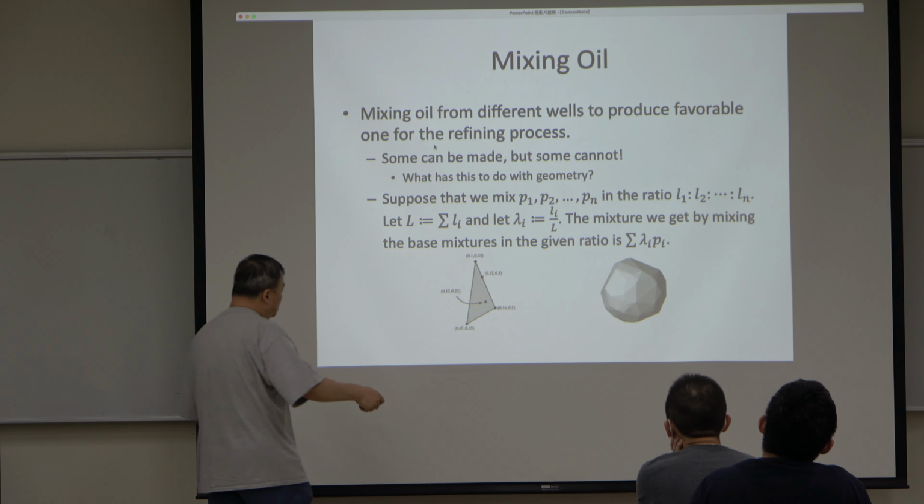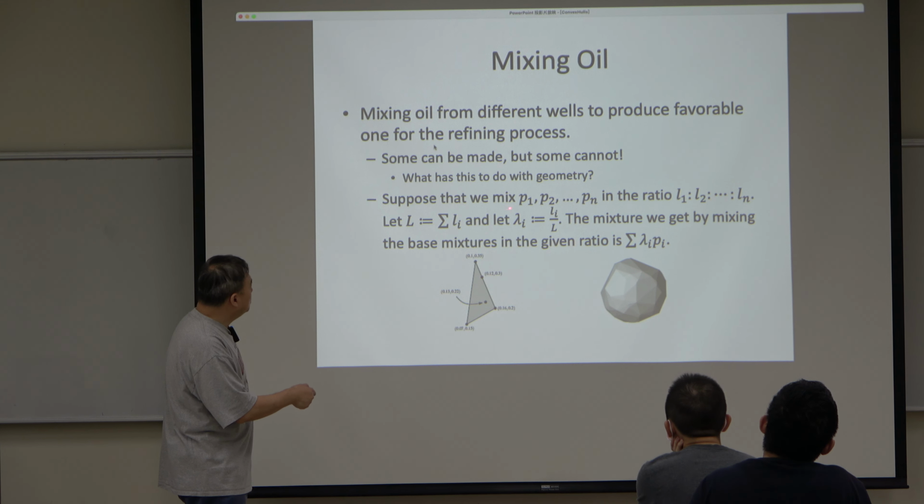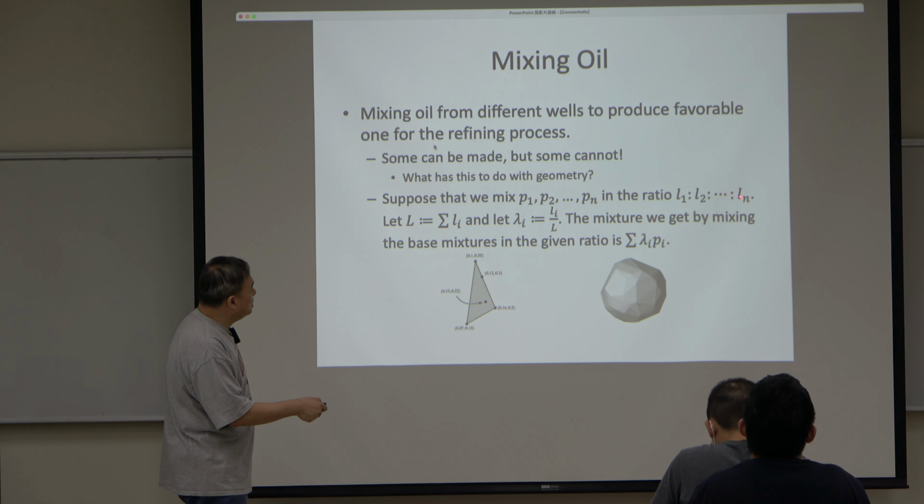Geometrically, interpolation can be interpreted like this. Suppose we mix P1, P2 up to Pn in the ratio L1, L2 up to Ln.